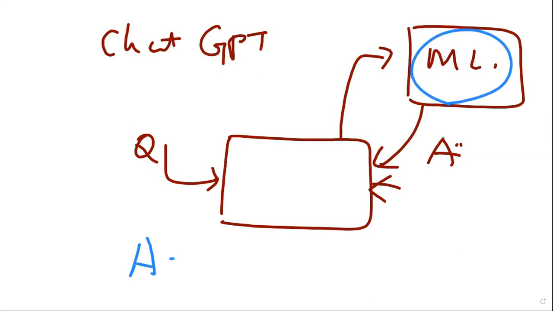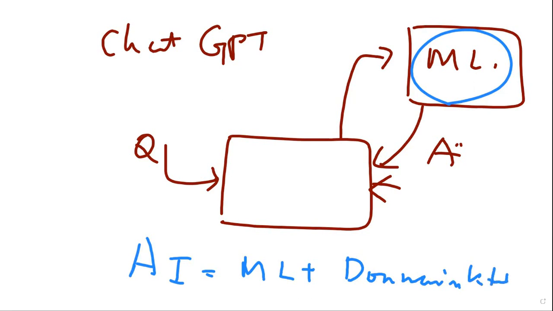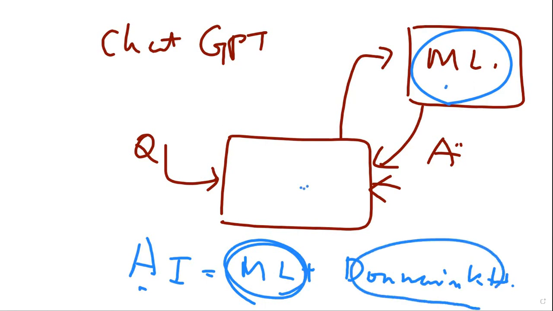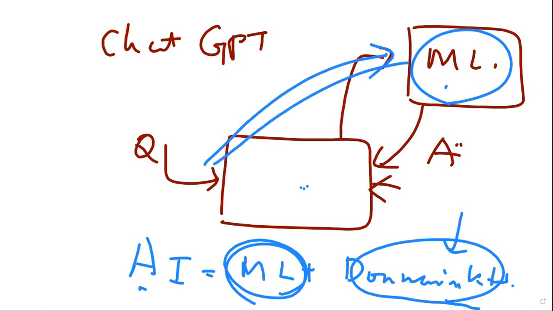So AI equals machine learning plus domain knowledge. You need to use machine learning in your field, but you also need domain knowledge. What domain knowledge? You need to know about composition, programming, or something. But you keep throwing different kinds of programming patterns to the machine learning. So someday this AI may be able to program for you.